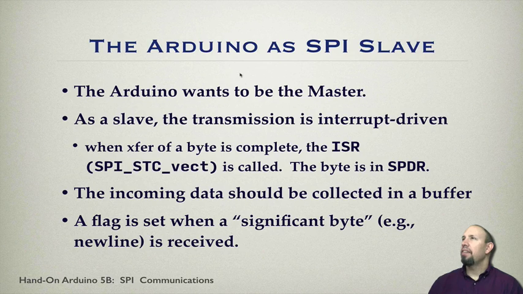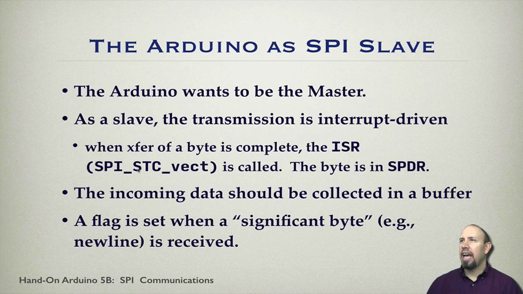Now, in terms of the slave, the Arduino wants to be the master, but it can be used as a slave. As a slave, the transmission is interrupt driven. When the transfer of a byte is complete, the interrupt service routine with this vector name, SPI_STC, that is SPI transmit complete, is called.